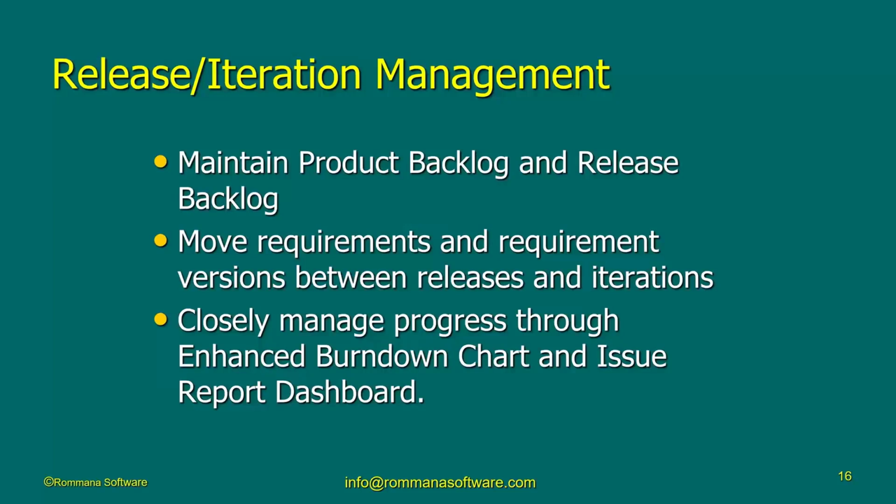Of course, if we're putting out the result of sprints, by the same token, we don't have to say the user stories within that project are going out on that date, because you can pull out user stories from different sprints from different Agile projects. That's the concept of sprint and iteration management.